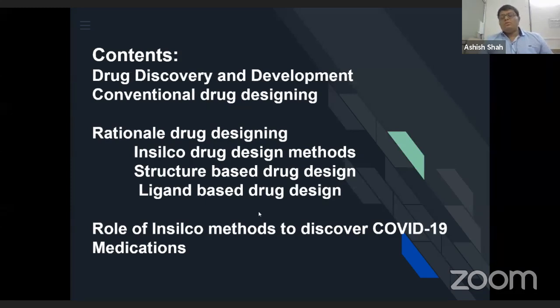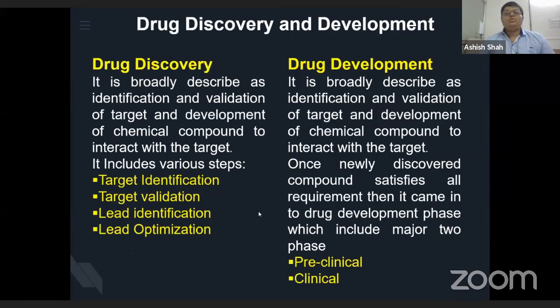Before starting, the very first thing you should know is what drug discovery and development is. Many times we pronounce this phrase together, but these are two different things: drug discovery and drug development.